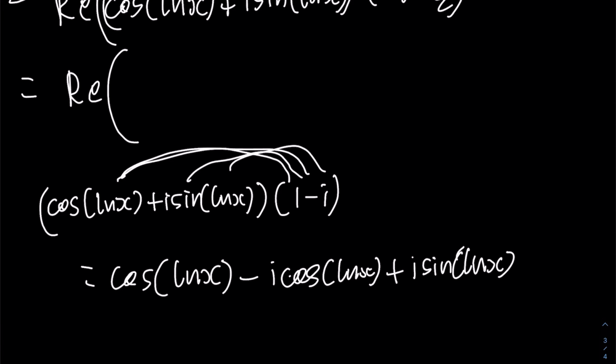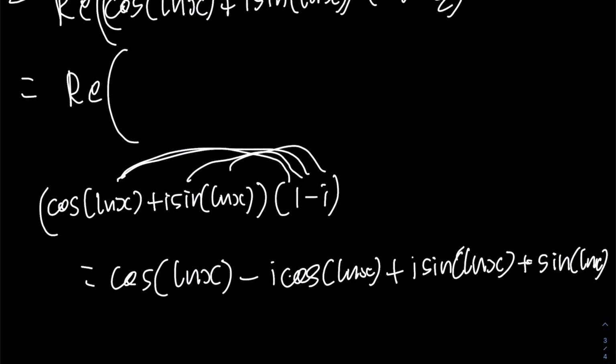Now what we need to consider here is that we have plus i times minus i, which is minus i squared. i squared is negative 1, so we have minus of negative 1, which is just a positive 1, so these actually cancel out to just a positive 1 multiplied by sine of ln x, so plus just a sine of ln x.